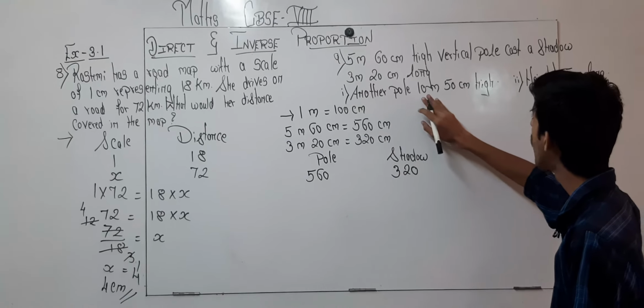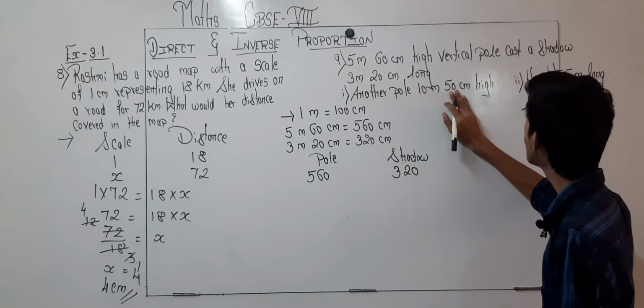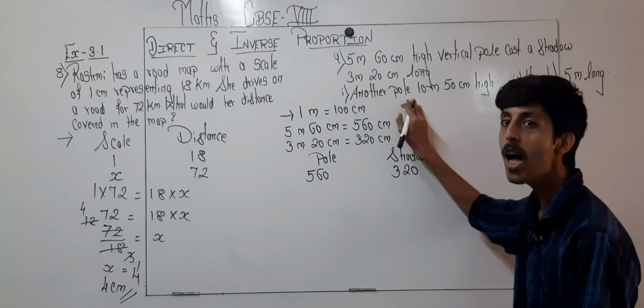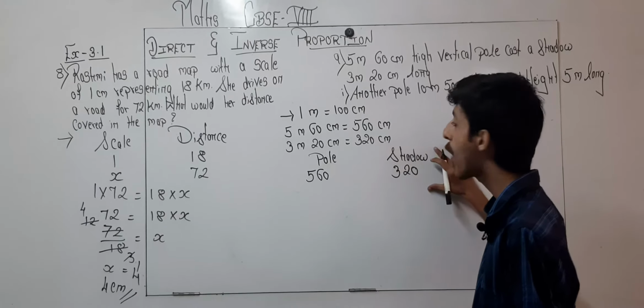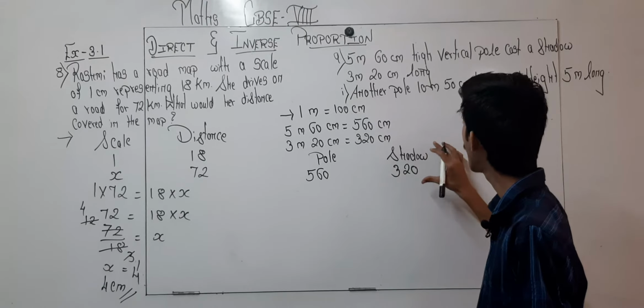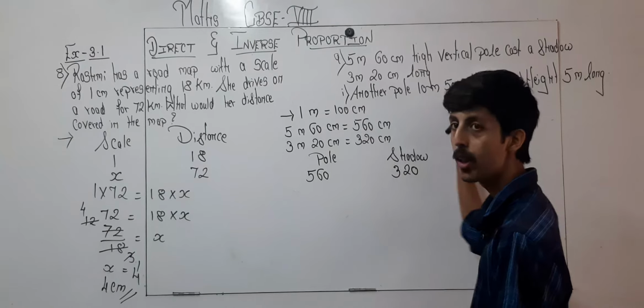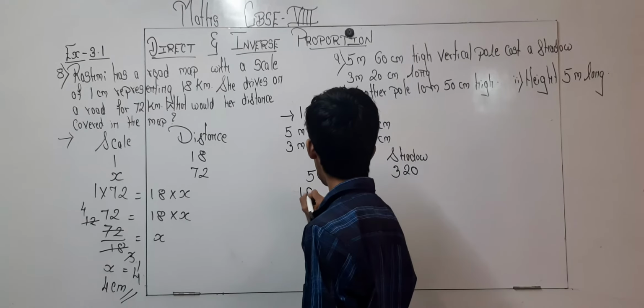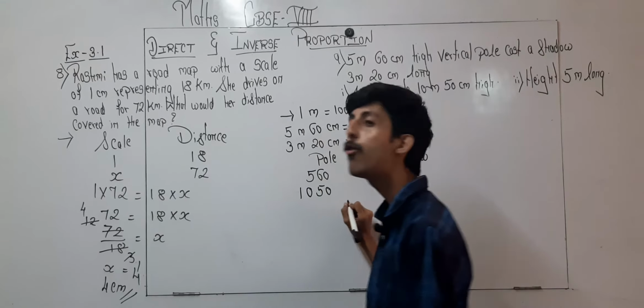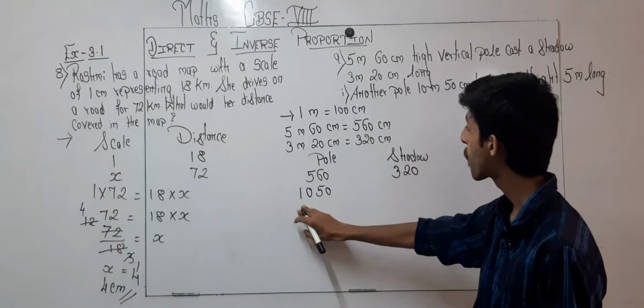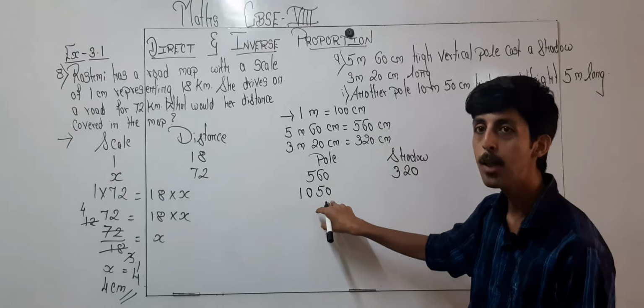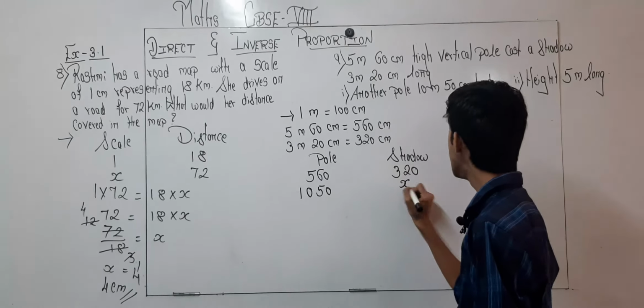Another pole having a height of 10 meter 50 centimeter. The pole height is given, so we have to find the shadow of the pole. The height is 10 meter 50 centimeter, so it will be 1050 centimeters.